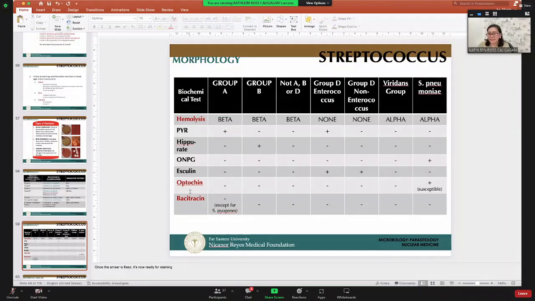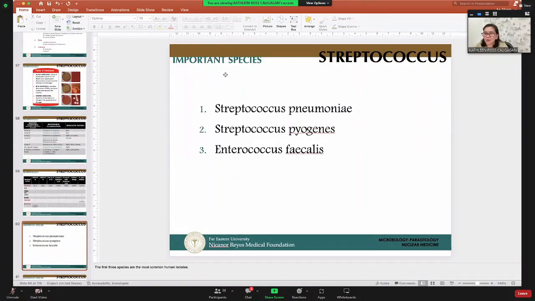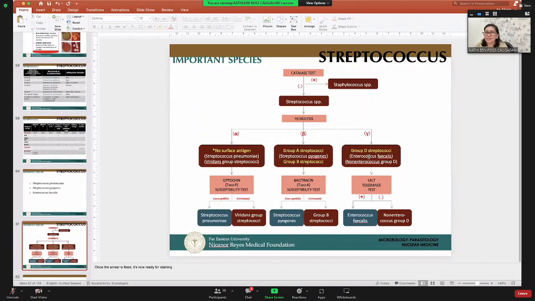The optochin test, again, is a susceptibility test as a presumptive test for Streptococcus pneumoniae to differentiate it from other alpha hemolytic strep. While bacitracin is a susceptibility presumptive test for Streptococcus pyogenes that will differentiate it from other beta hemolytic Streptococcus. So here are the three important species: Strep pneumoniae, Strep pyogenes, and Enterococcus faecalis.